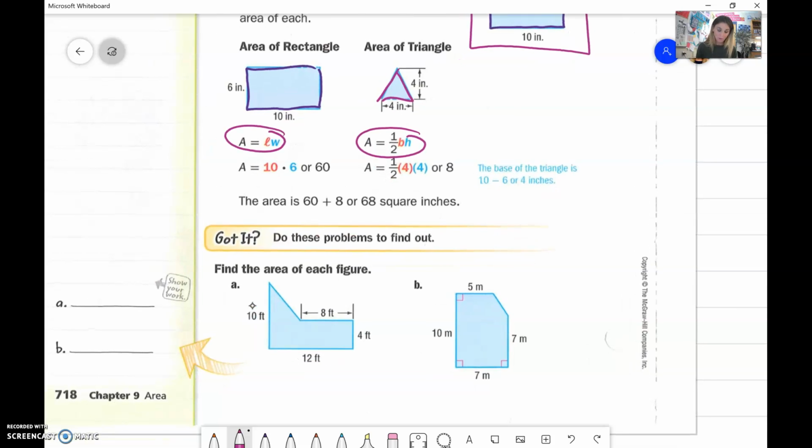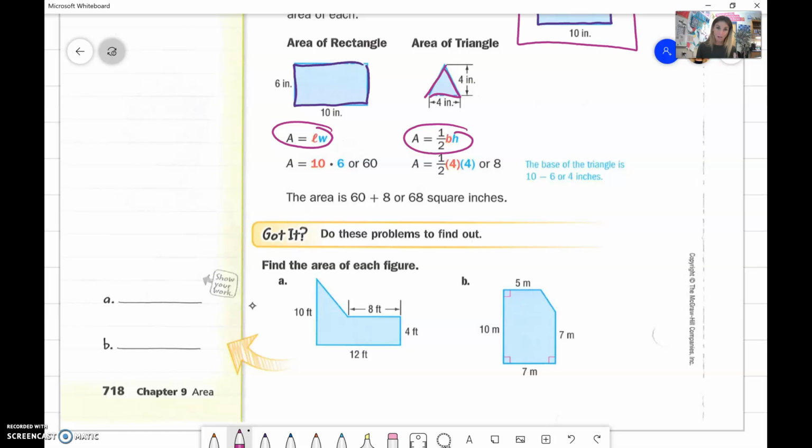I'm going to use two different colors to decide our two different composite figures, and we're going to break it down. So this first one, I'm going to actually do this rectangle. Do you agree? So the area of a rectangle. So we know that the area of the rectangle is length times width. Okay? So let's figure that part out first. So here's my length.